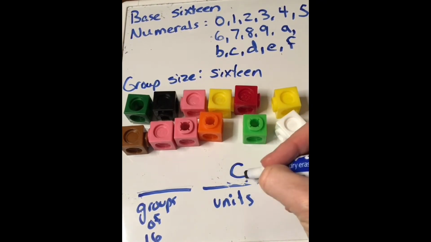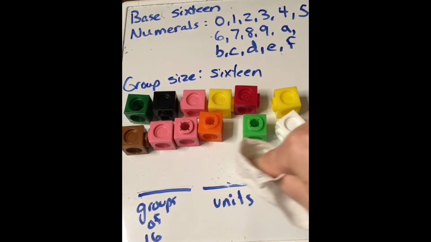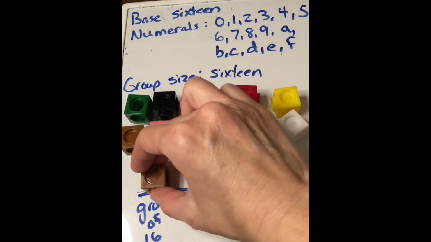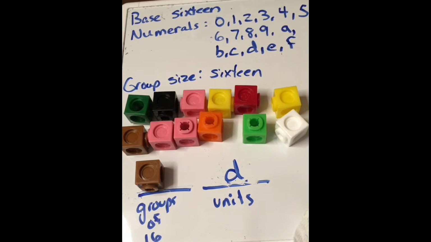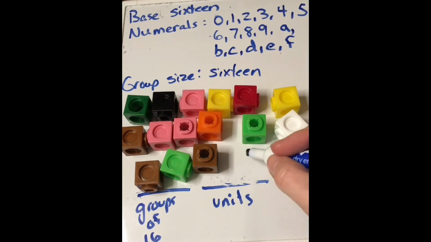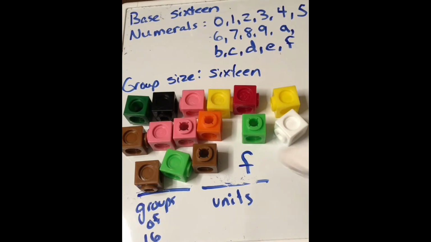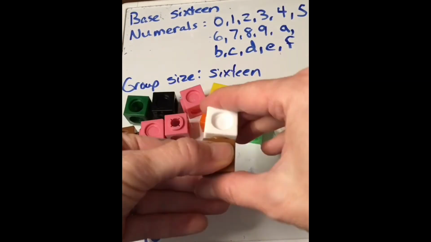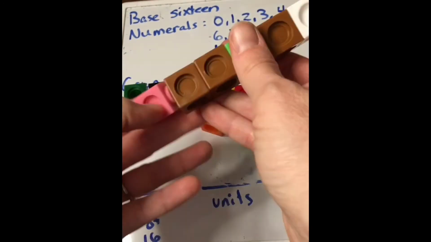So we really need to be careful to only write one symbol in each place. So as we move forward and we get to the letter F, that's our last symbol that we have to use, which corresponds in base 10 to the number 15. So adding one additional unifix cube, we will have created a full set.